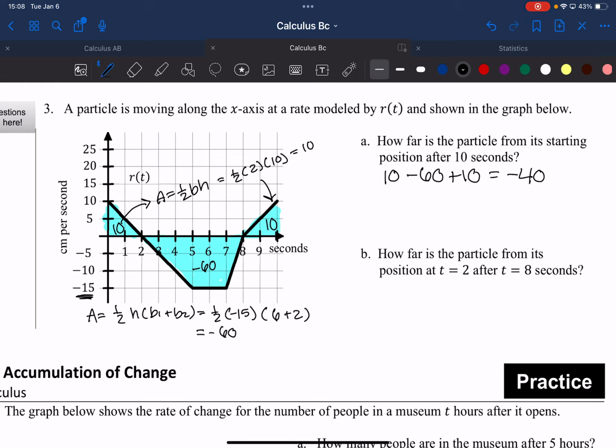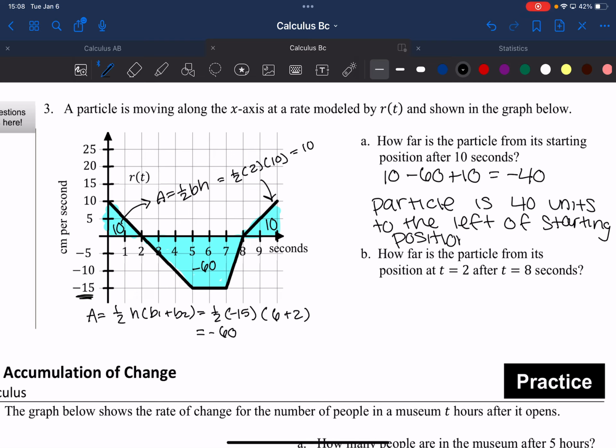Once we get an answer here, we have to write a statement. So it's asking us how far is the particle from its starting position. Well, we would say that the particle is 40 units to the left of starting position.